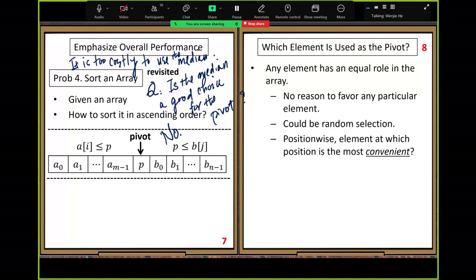And here we also need to consider the position of the pivot. The element at which position in the array is the most convenient for the pivot element? After we select the pivot element, we need to put it somewhere, right? We need to put it in a certain position in the given array. But where do you want to place that pivot element?